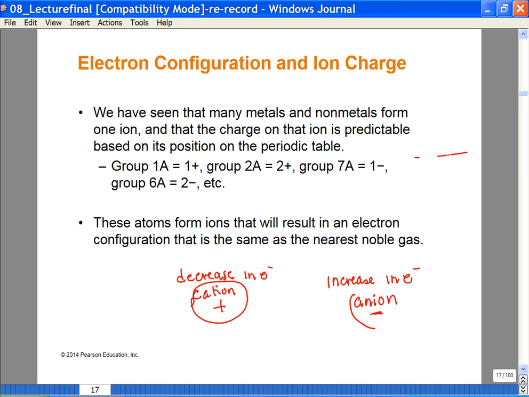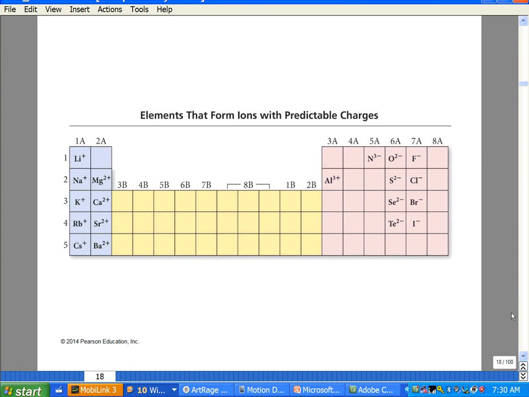So we can predict for some elements which charges we can expect the element to form based on its position on the periodic table and what it needs to do in order to look like this noble gas configuration. Everything wants to have 8 electrons in its outer shell. That's its strong desire.